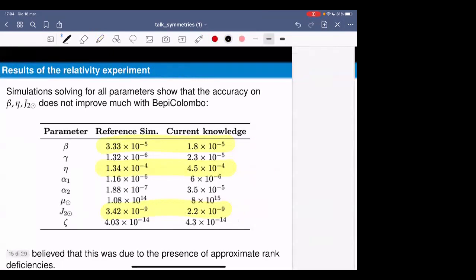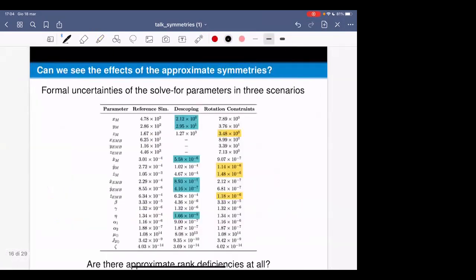So what we did was to compare the results of the relativity experiment in 3 cases. The first case, which we call the reference simulation, is the one where we determine all parameters without doing any cure of the approximate rank deficiency.